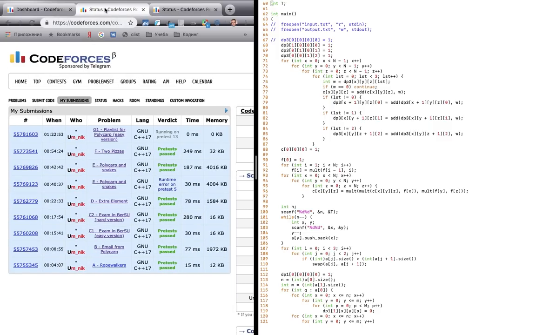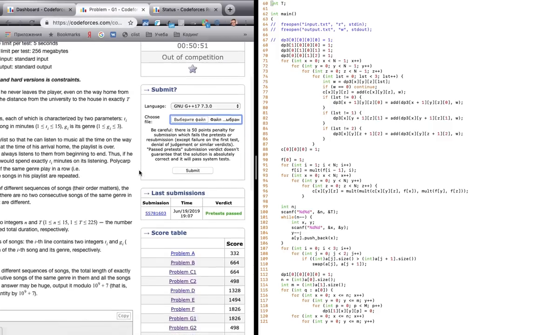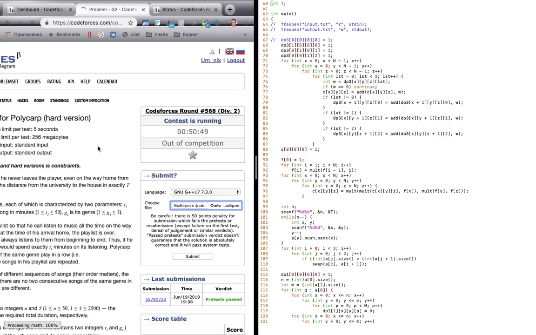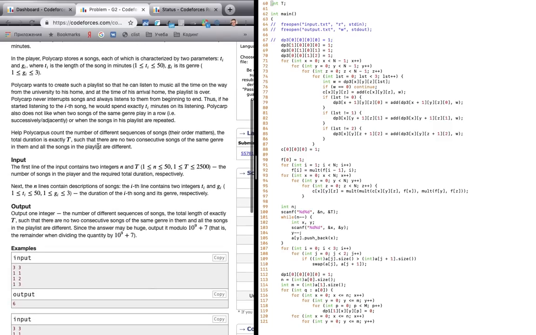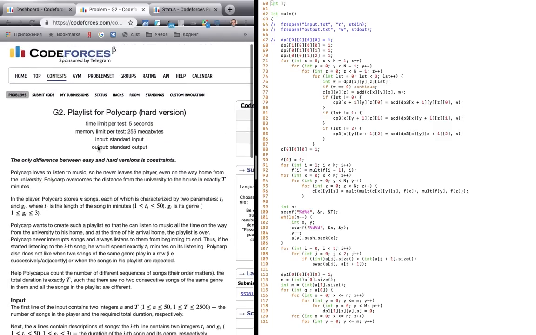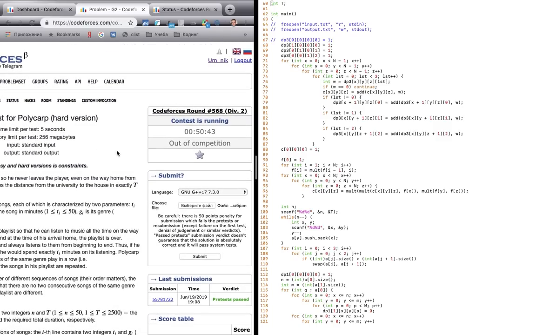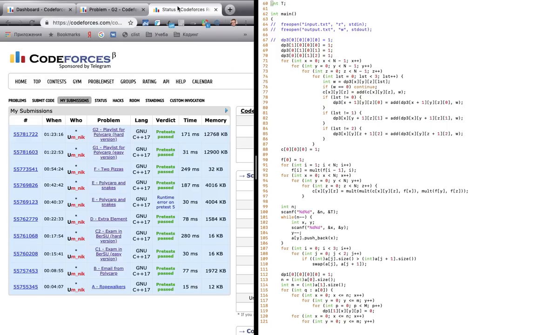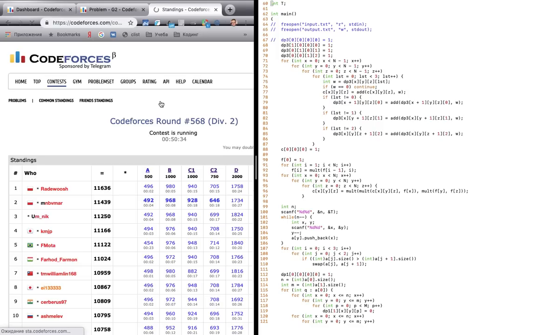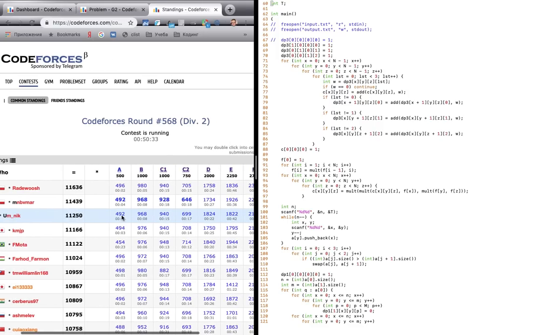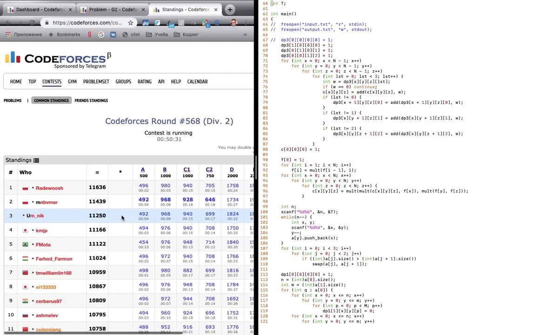It's 5 seconds. Multiplying by 20 won't be too bad. I did okay-ish.